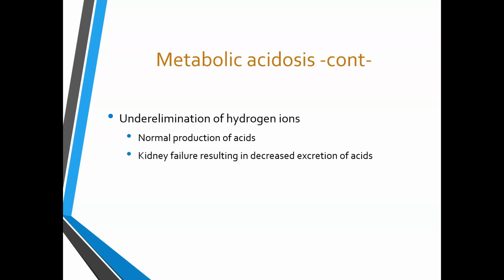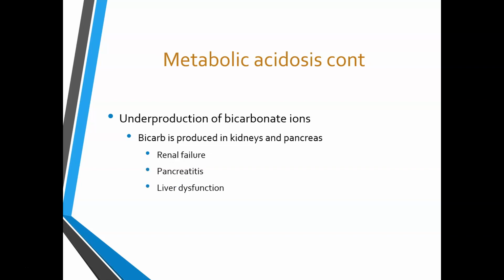It can also happen as an under-elimination of hydrogen ions. Even if the body makes a normal production of acids, kidney failure can result in that decrease of excretion. Underproduction of bicarbonate ions can also cause metabolic acidosis.